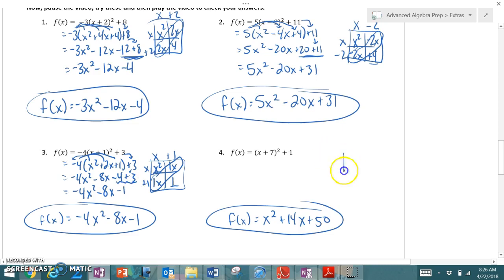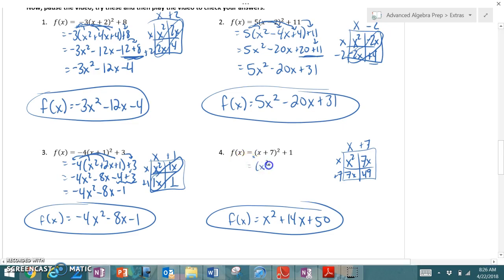And finally, this one I guess was maybe a little bit different. I have the x plus 7 squared, x plus 7, x plus 7. I have x squared, 7x, 7x, and 49. Now the big thing here is there is no number in front to bring down. If you wanted to, you could put a 1 there and distribute the 1 through, but you may just recognize that it doesn't matter.